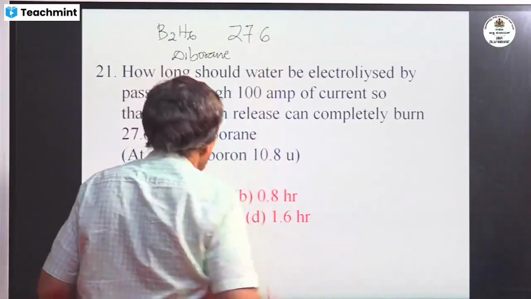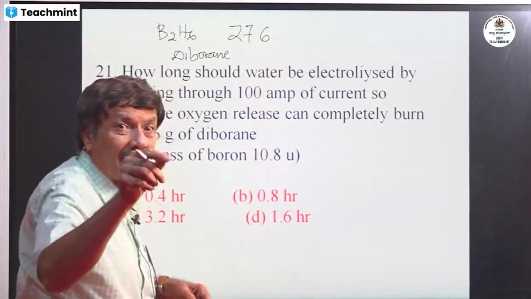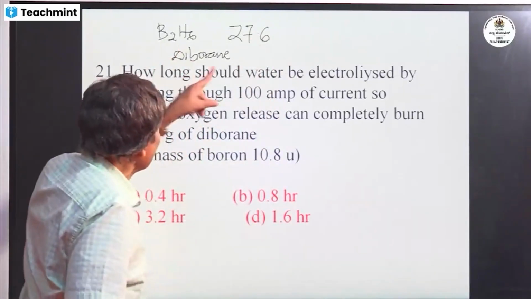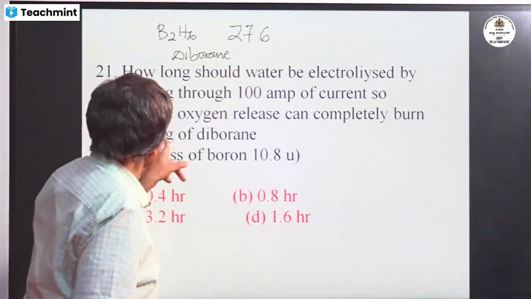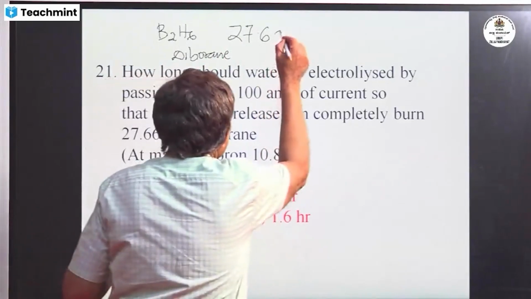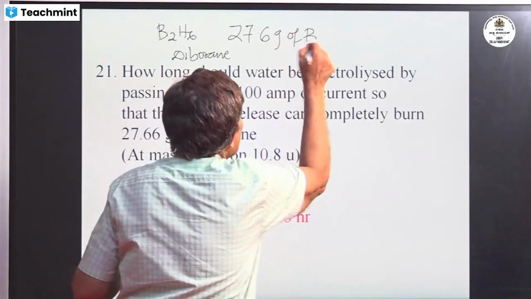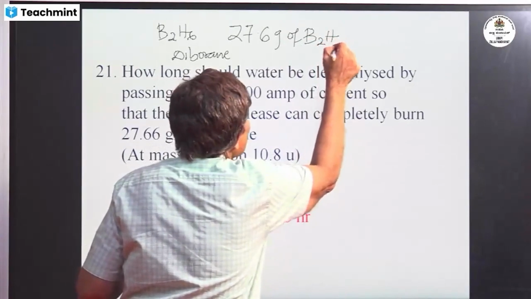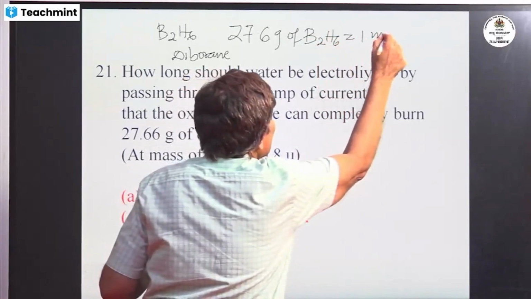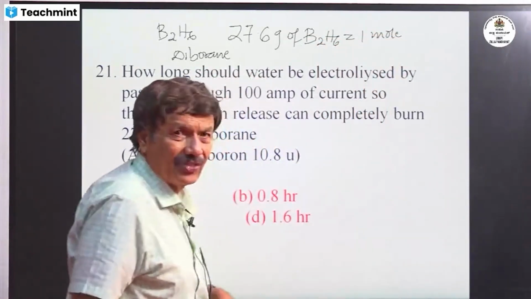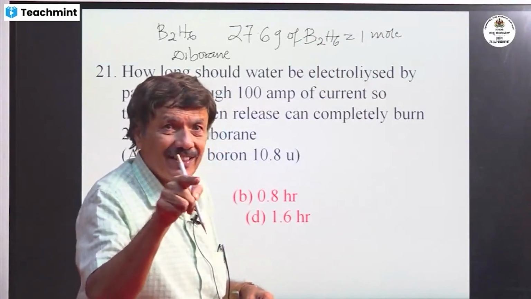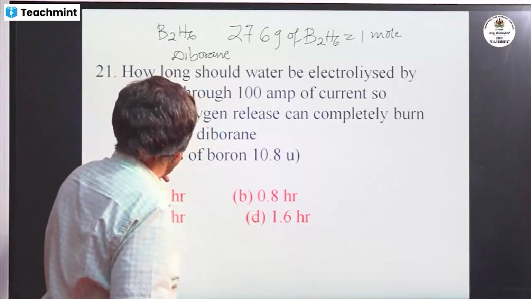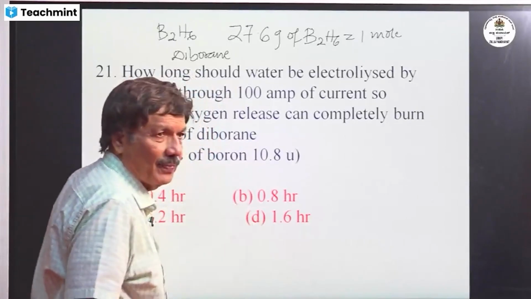If you find the molar mass of B2H6, it will be something like 27.6. So 27.66 gram of B2H6 is 1 mole. You must know how to calculate the molar mass.